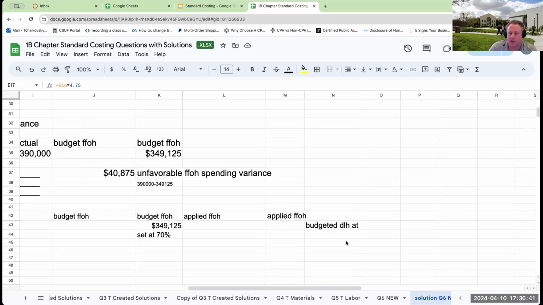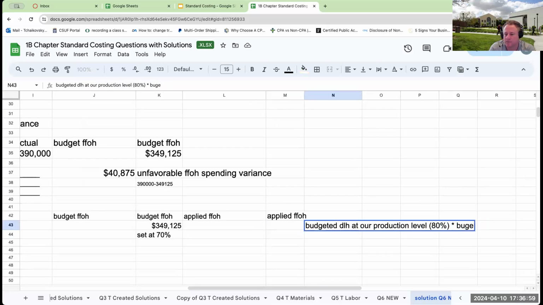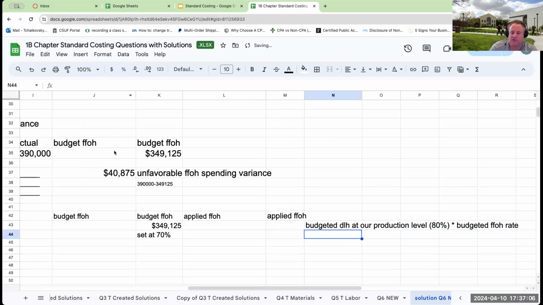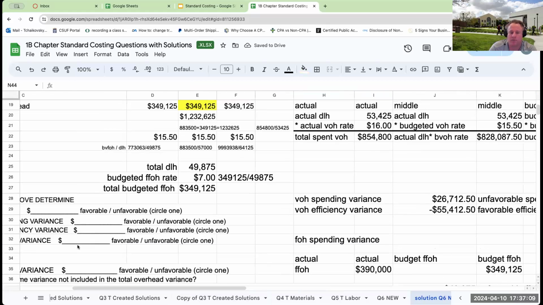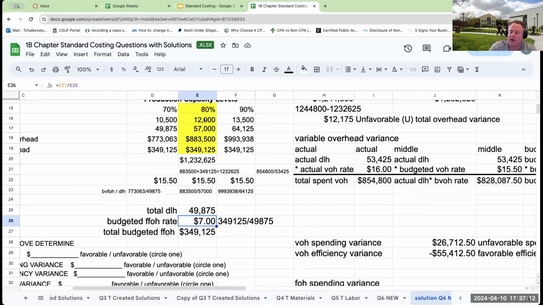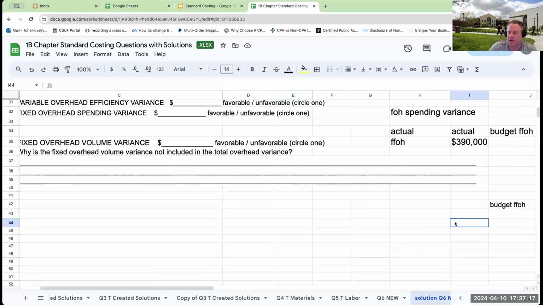So when I look at the applied fixed factory overhead at our production level, or 80%, I'm going to multiply this by my budgeted fixed factory overhead rate. Now, the budgeted fixed factory overhead rate, we just computed that, right? That was $7. At 80% capacity, I would have used 57,000 direct labor hours.